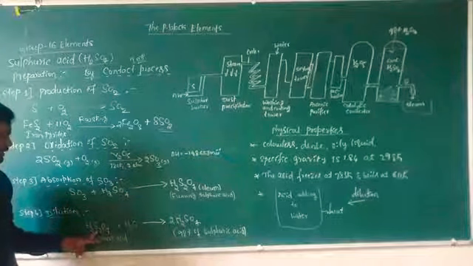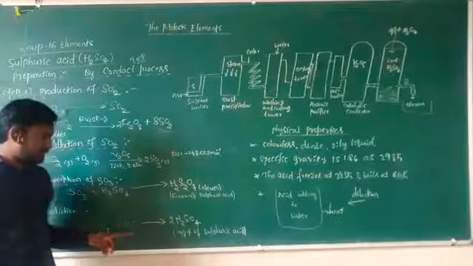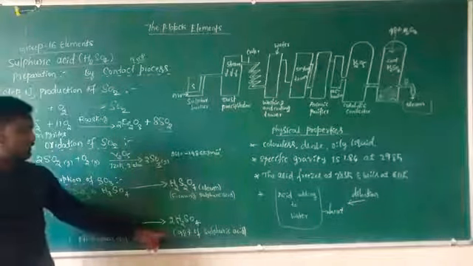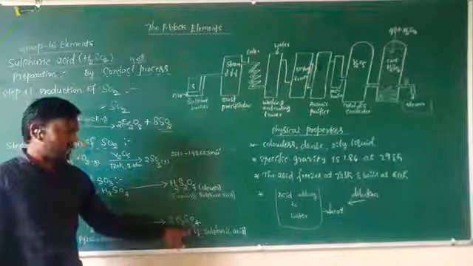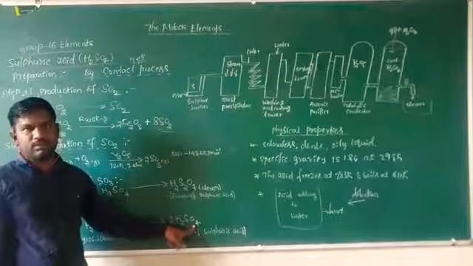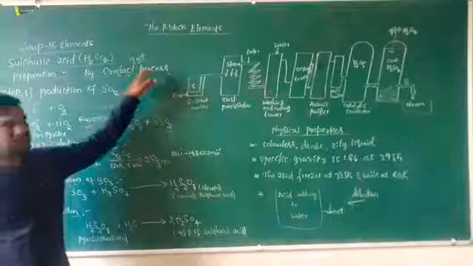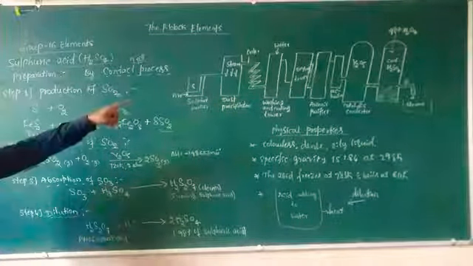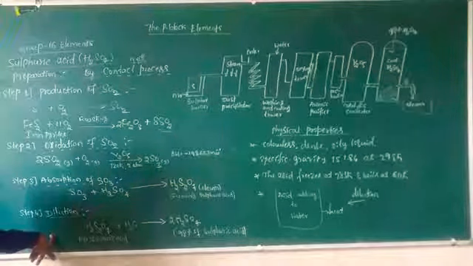Water is added to the pyrosulfuric acid or fuming sulfuric acid, converting it to 98% sulfuric acid H2SO4. This is the process of preparation of sulfuric acid by the contact process. For 3 marks, a diagram is not necessary. These 4 steps and reactions are important.